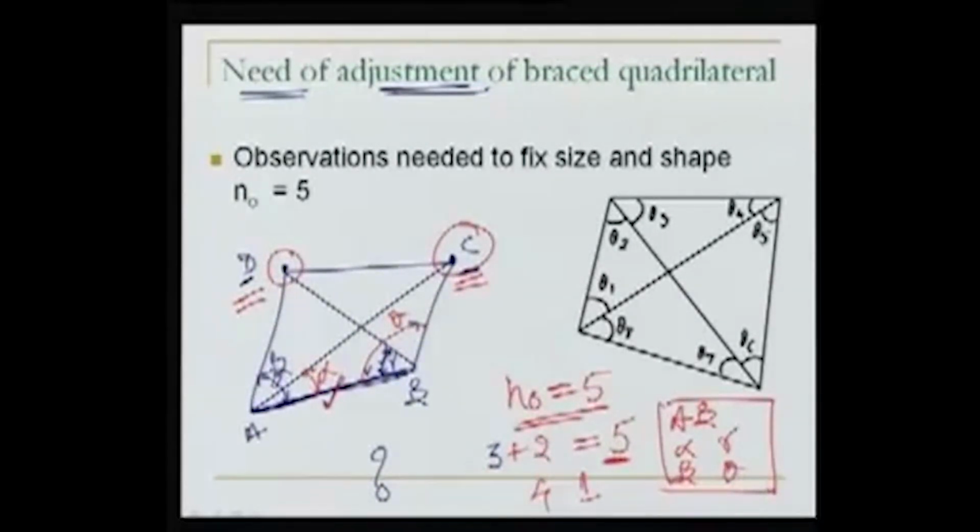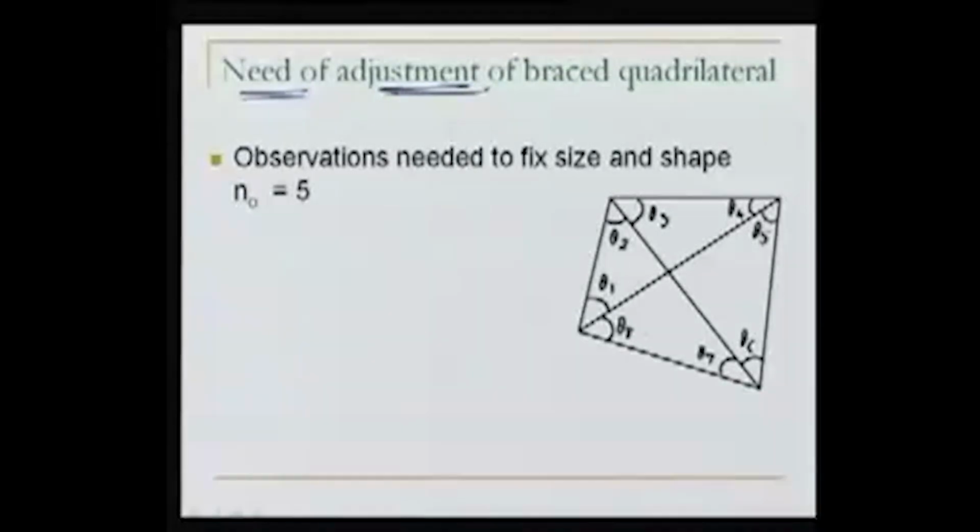Okay. What we actually do, as is seen in this particular figure, because only 5 observations can solve our job, but that will be a unique solution and we will not have any control on the error. So what exactly we do, this length is known to us. We also take several angles. We take all these angles.